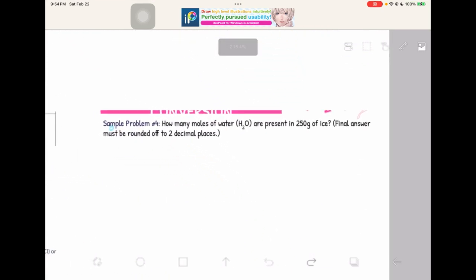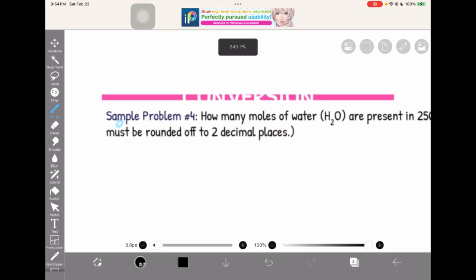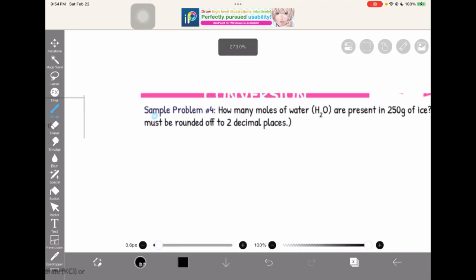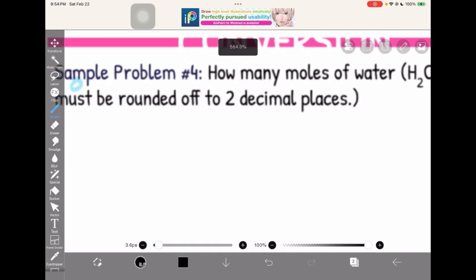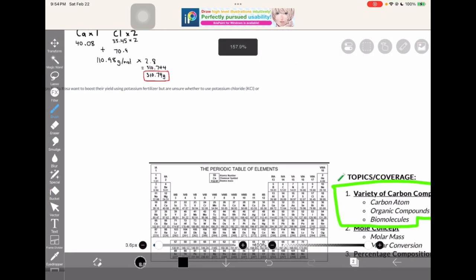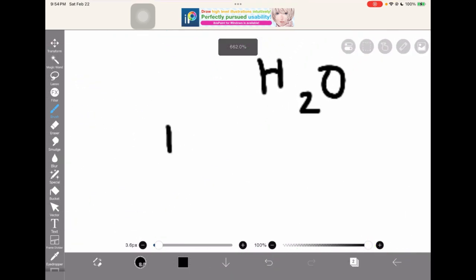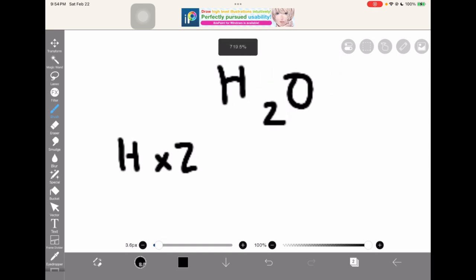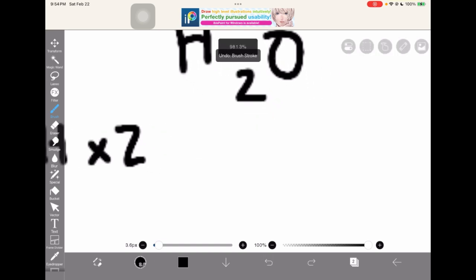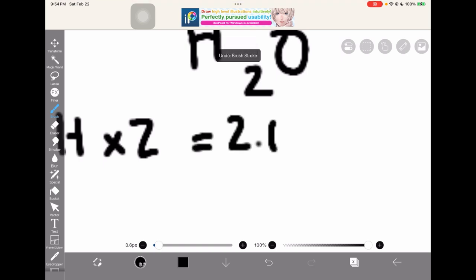Last one. How many moles of water, H2O, are present in 250 grams of ice? We need to find the molar mass of H2O first. So H2O, we've got H2 and O. Looking at the periodic table here, we've got H at 1.01. So we have H times 2, which is 1.01 times 2, equal to 2.02.